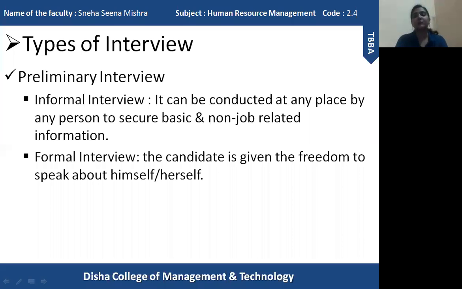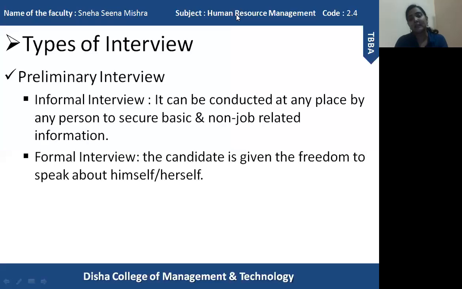This may also be considered as the initial interaction between the candidate and the organization, when a candidate applies for a job and asks about various aspects of the company and the job, about the vacancy and all. So this type of interview takes place during the initial interaction between the candidate and the management, where a simple exchange of information takes place.